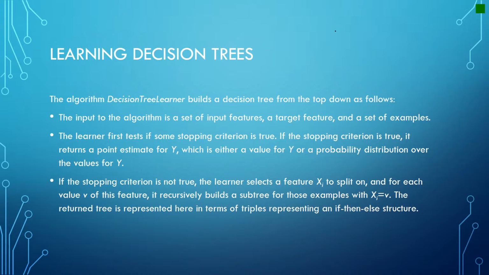If the stopping criterion is not true, the learner selects a feature, xi, to split on, and for each value v of this feature, it recursively builds a subtree for those examples with xi equal v. The returned tree is represented here in terms of triples representing an if, then, else structure.